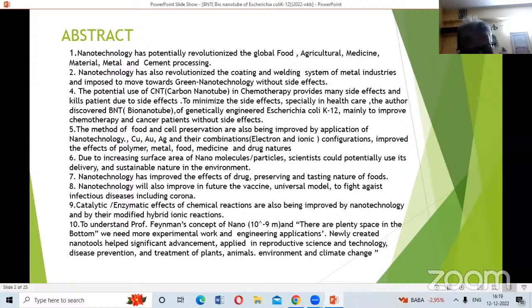The present use of CNT, carbon nanotube, in chemotherapy provides many side effects and kills the patient due to side effects. To minimize the side effects, especially in healthcare, the author discovered the BNT of genetically engineered Escherichia coli K-12, which is a universal recipient bacterial strain, which remains actually Escherichia coli.